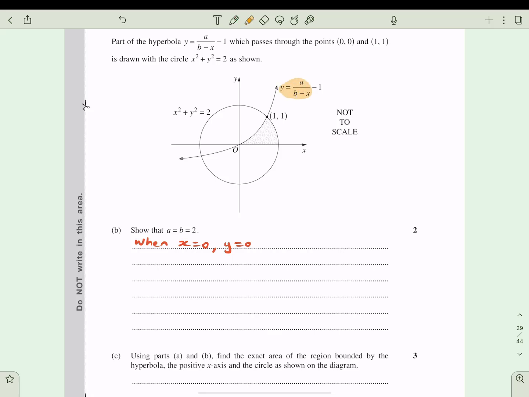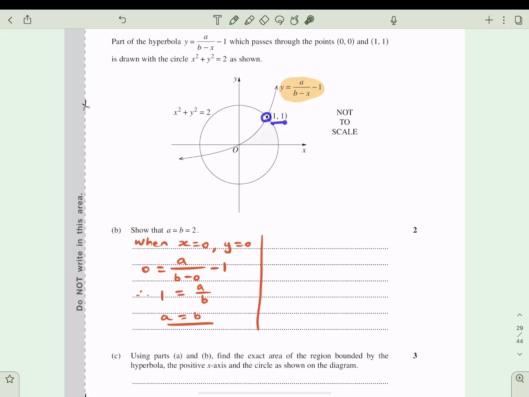Remember, the equation of my hyperbola is y equals a over b minus x, minus 1. Therefore, 0 is equal to a over b minus 0, minus 1. Moving the negative 1 to the other side, 1 is equal to a over b. So a must equal b. That's a pretty helpful piece of information.